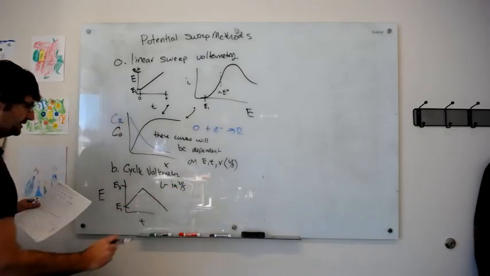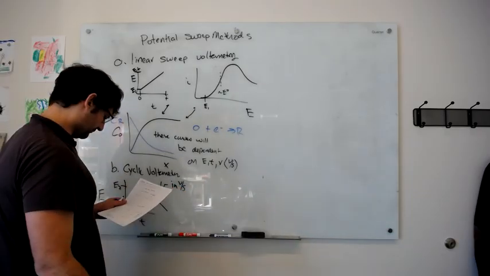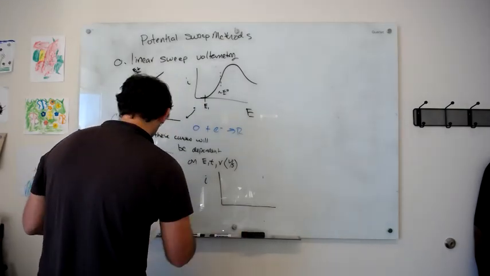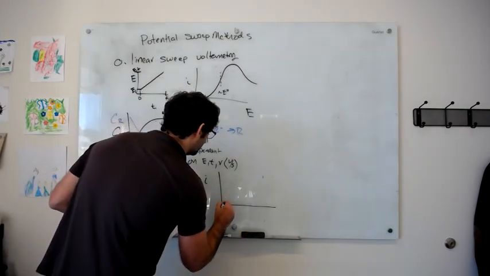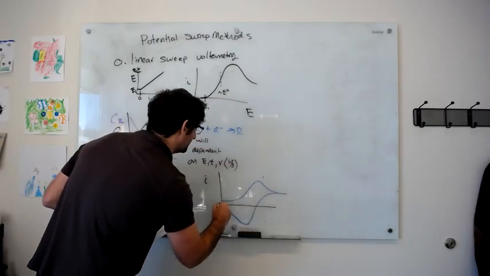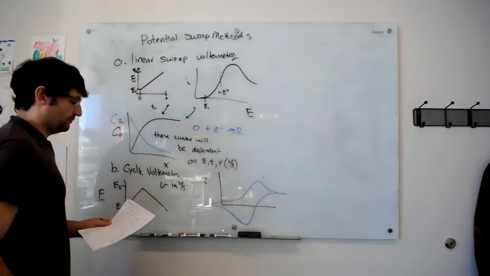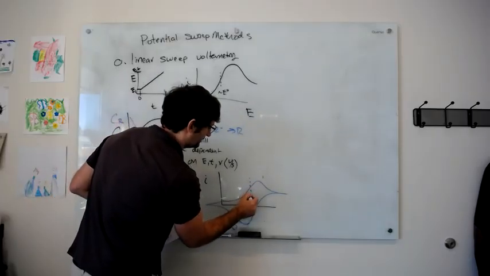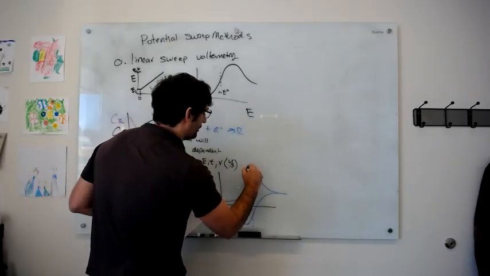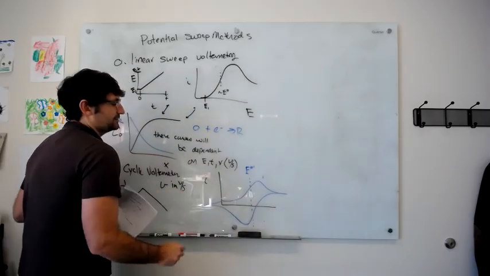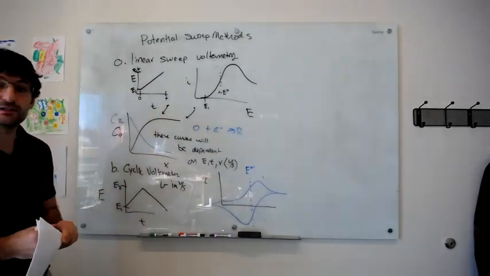We're going to traverse this potential window. And the current response often looks like this classic so-called duck shape. And we will understand why that duck shape is found and why you can identify E naught prime as the average between these two peak potentials.